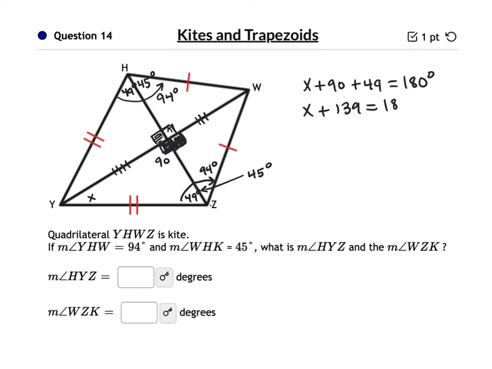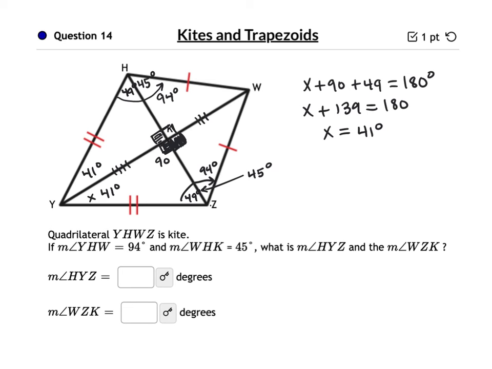That equals 180. And if I subtract 139 from 180, I get 41 degrees. So this one is 41 degrees, and this one is 41 degrees.